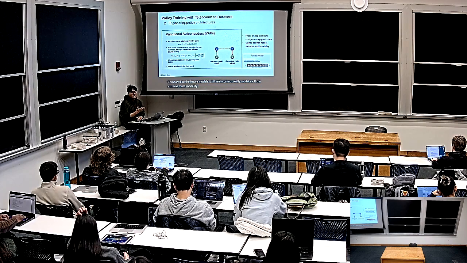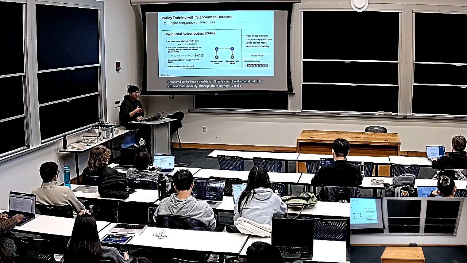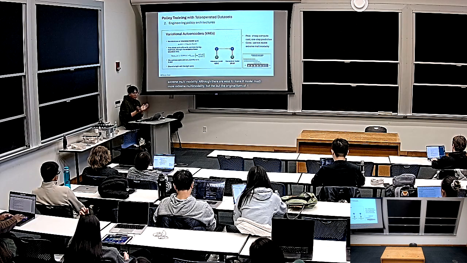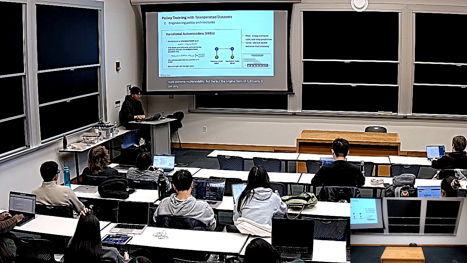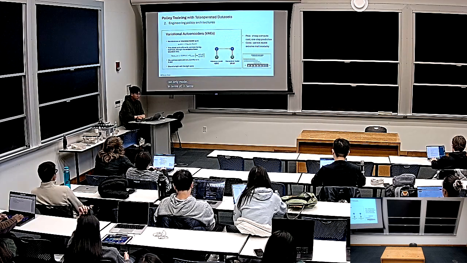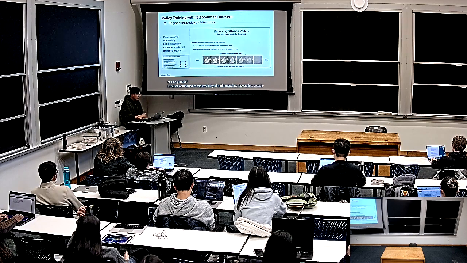Although there are ways to make them model much more extreme multimodality, in its original form it can only model some. In terms of expressiveness of multimodality, it's way less capable than diffusion models.